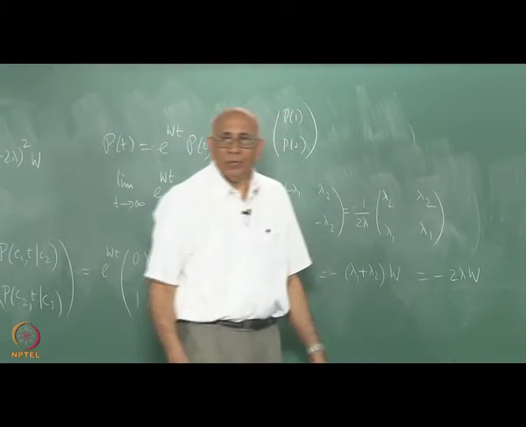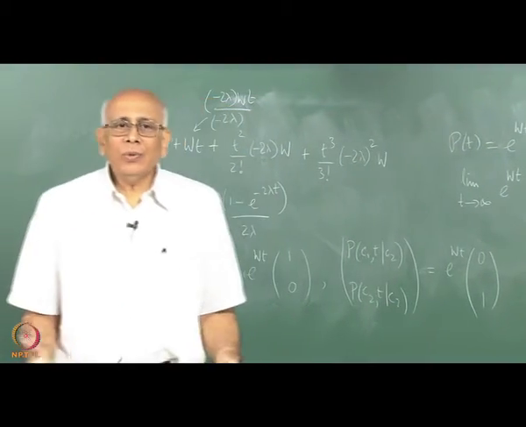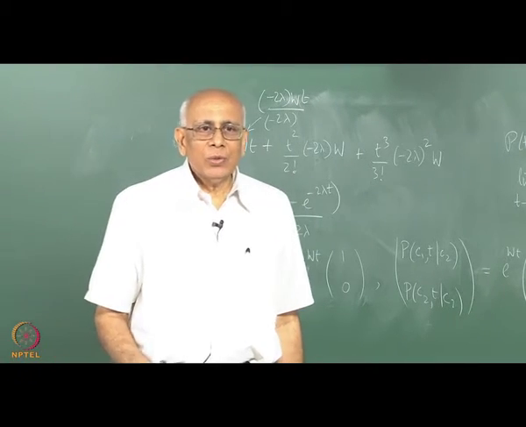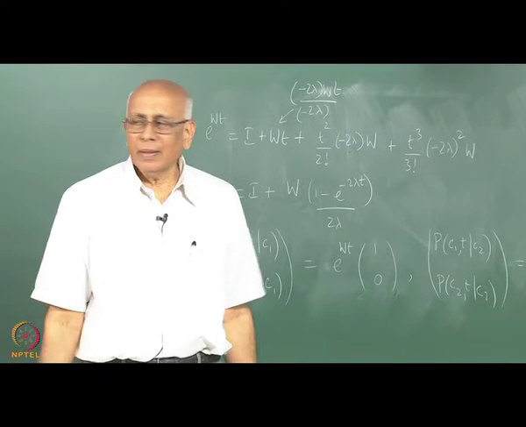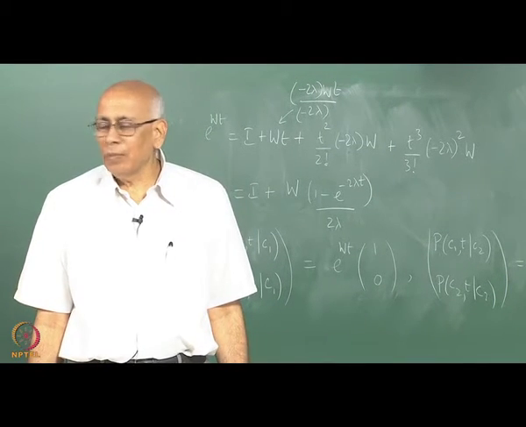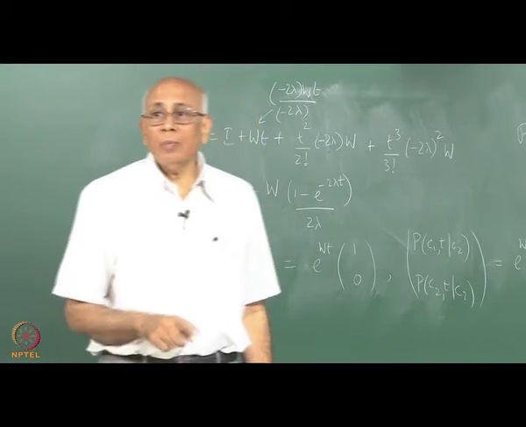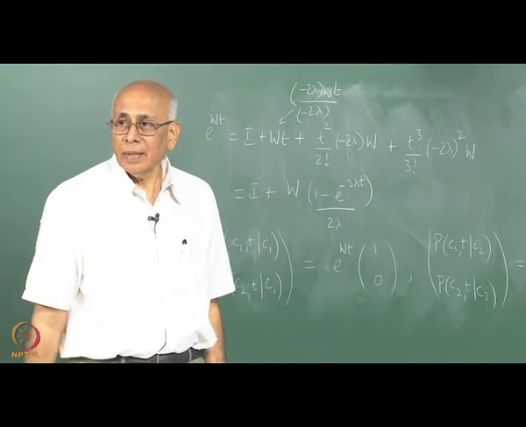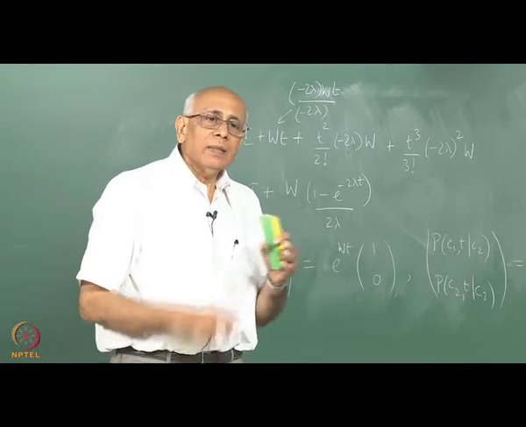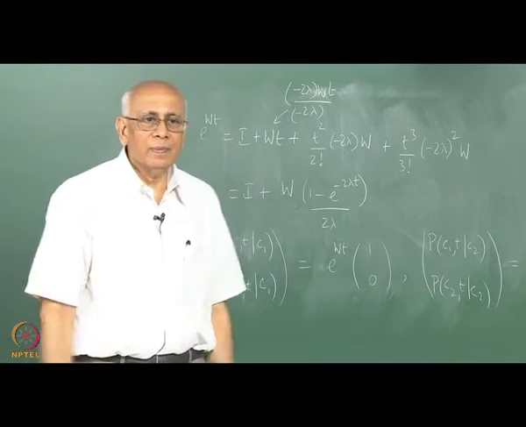Now one of our articles of faith is that as time increases, the initial value should not matter. So whatever the initial distribution, I should still get the same equilibrium or stationary distribution. Whether I apply it on 0 1 or 1 0, it shouldn't matter at all, otherwise I am in trouble. In fact, I could have had a of this and 1 minus a of the other.